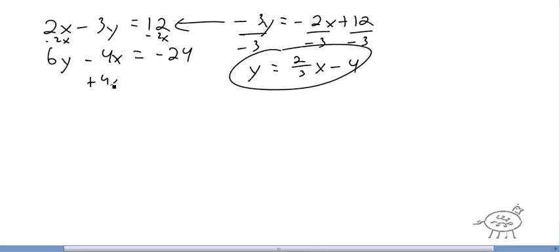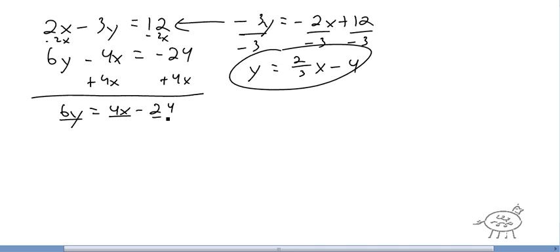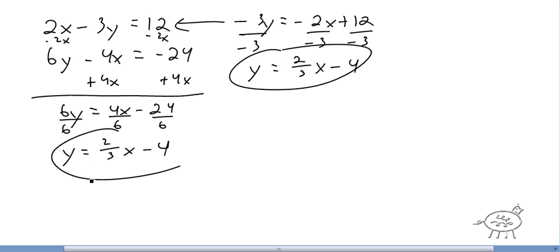Let's do this next one here. We're going to add 4x to both sides. So 6y is equal to 4x minus 24. Divide everything by 6. So y is equal to 2/3 x minus 4. There's the other equation. Oh, the slopes are the same, but so are the y-intercepts.